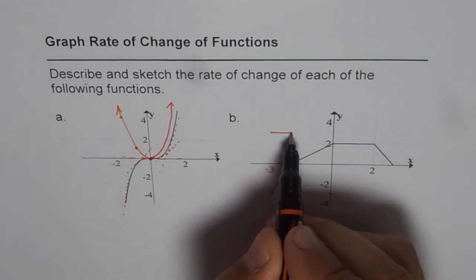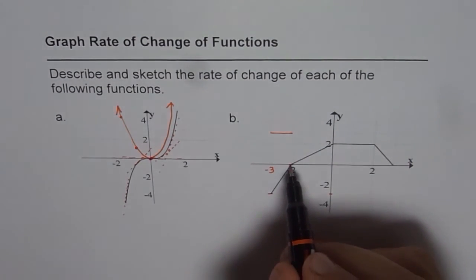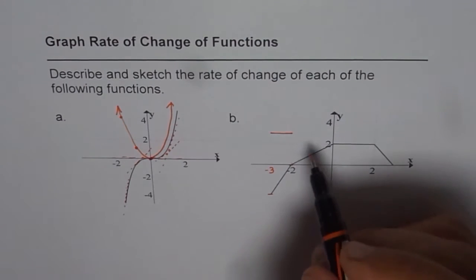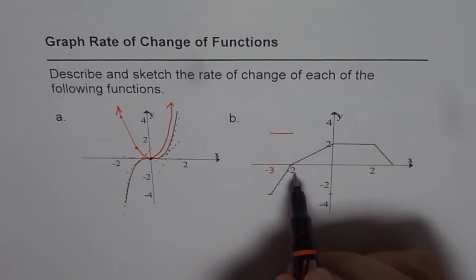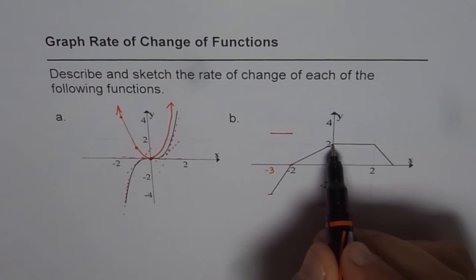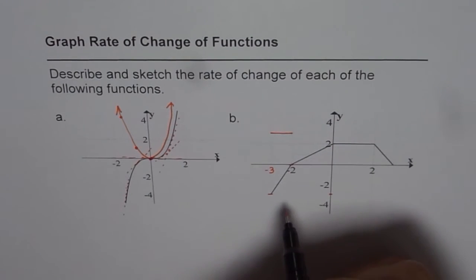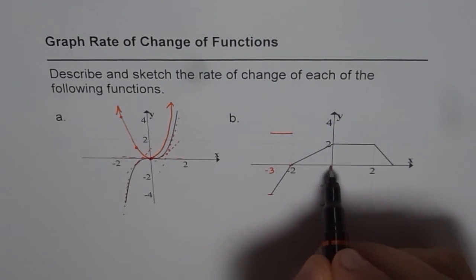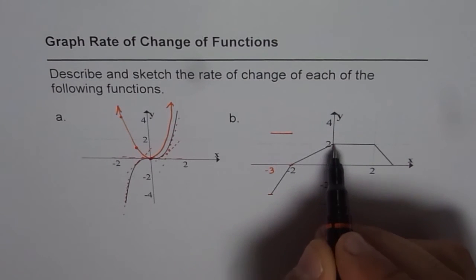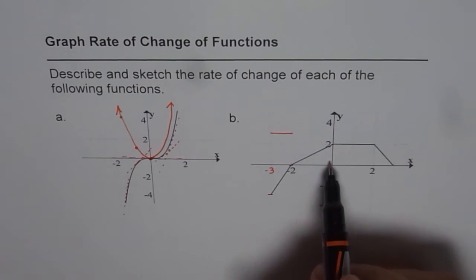So this line corresponds to the rate of change during the first leg. The next leg, it increases from the position -2, 0 to 0, 2, right? So change in y is by 2 units and change in x is also 2 units. So basically the rate of change is ratio of change in y to change in x. So it is 1.